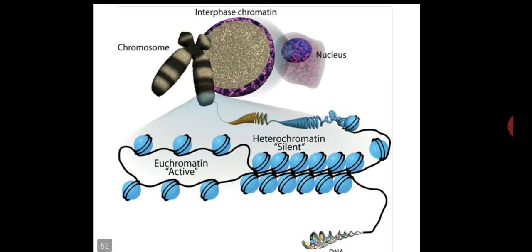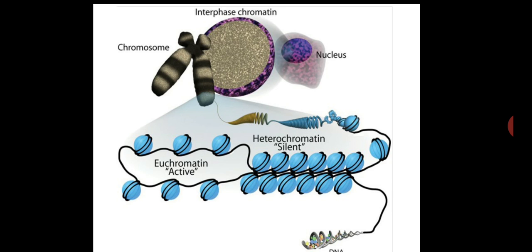During the staining process the chromosomes appear with some darker bands and some lighter bands. The darker bands are known as heterochromatin and the lightly stained areas are known as euchromatin regions.